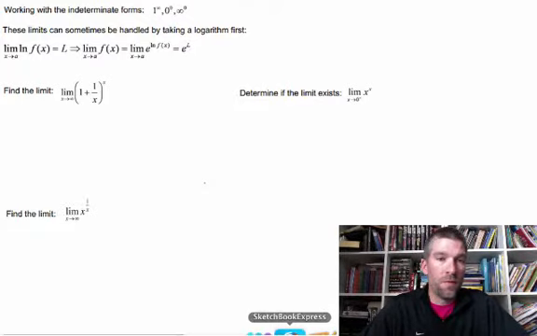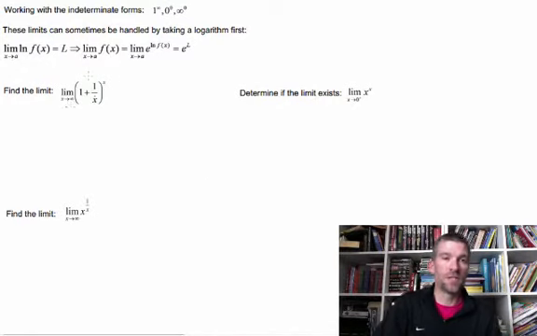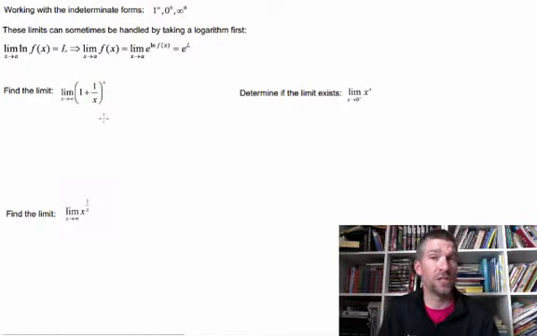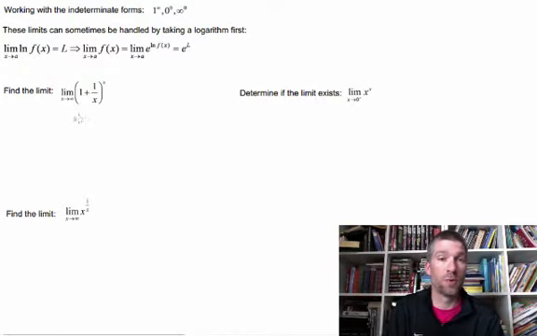So here we've got the limit as x approaches infinity of 1 plus 1 over x to the x. What happens here is if you substitute infinity into this guy, that whole fraction goes to 0. Because the top doesn't change, the bottom gets bigger, your fraction gets smaller, and the result of that is you approach 0.